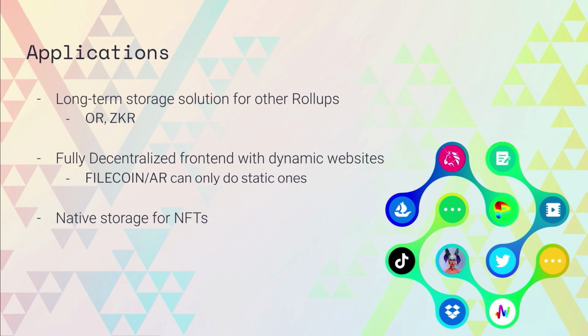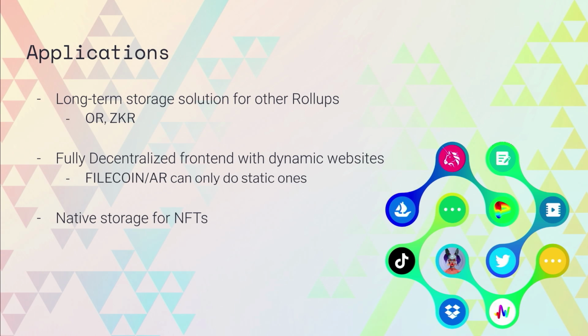With EthStorage, we believe we are able to enable a lot of interesting applications. For example, it can be a long-term storage solution for existing rollups so that we are able to save all those transaction records forever, like optimistic rollups or ZK rollups.